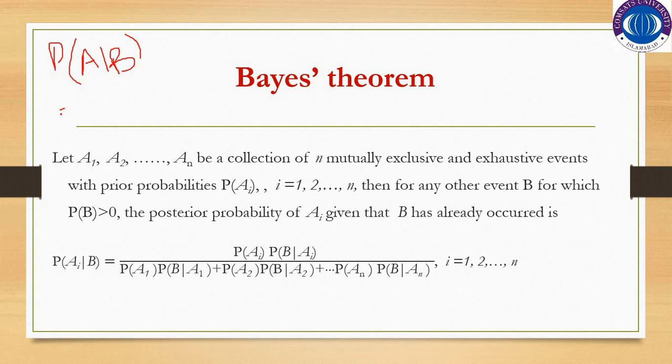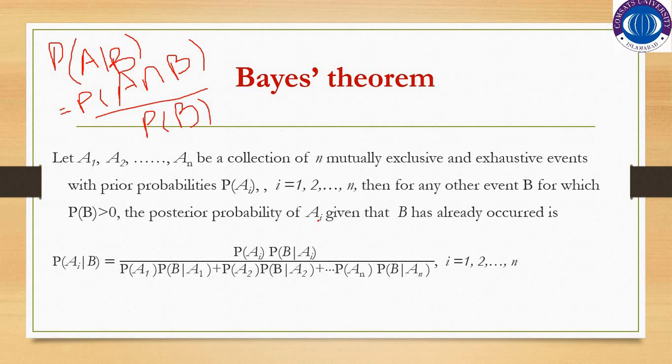It would be equal to, by applying the conditional probability, probability of A intersection B divided by probability of B. This is probability of A given B, that A is occurring given that B has already occurred.